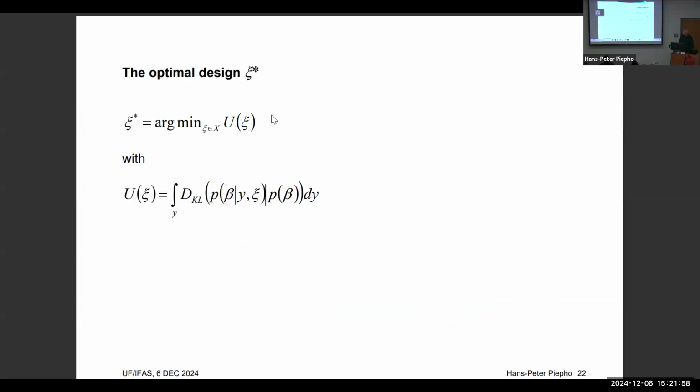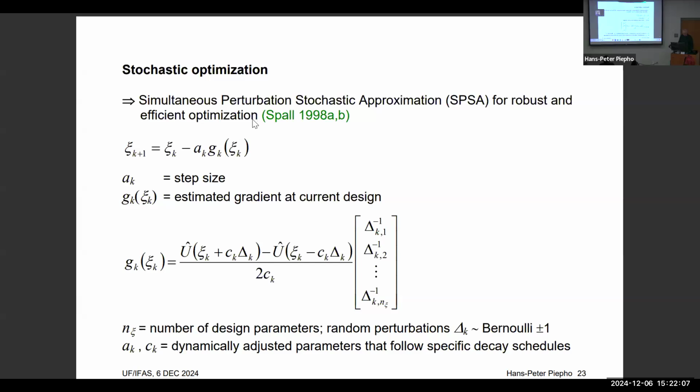That's done numerically using numerical search methods. There's different ways this can be done. We used one particular method that's called stochastic optimization that's shown here. So it's a gradual change. You have some start configuration, say that's my start design, and then can I improve this by taking small steps away from where I currently am?